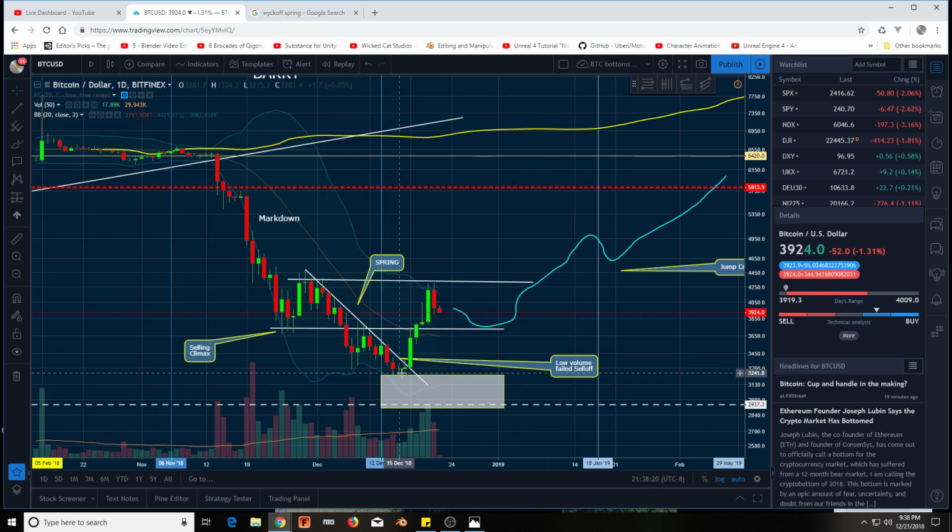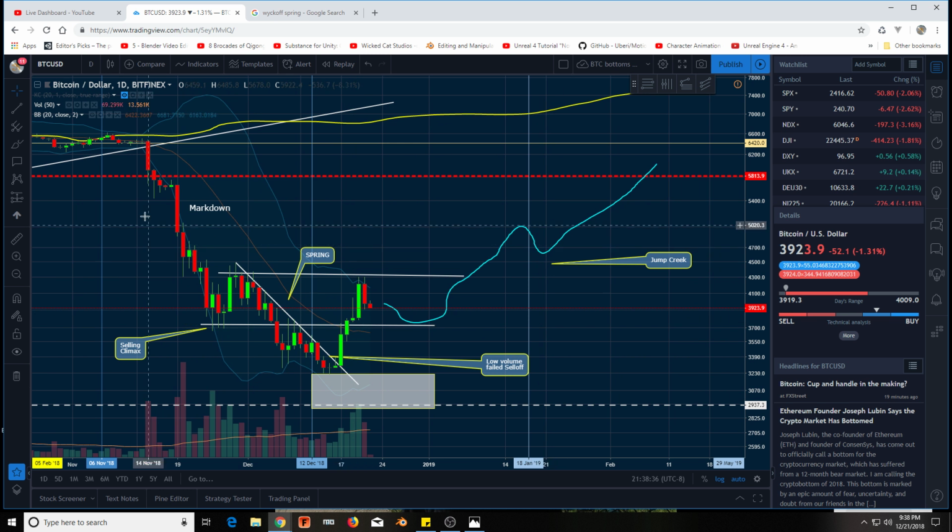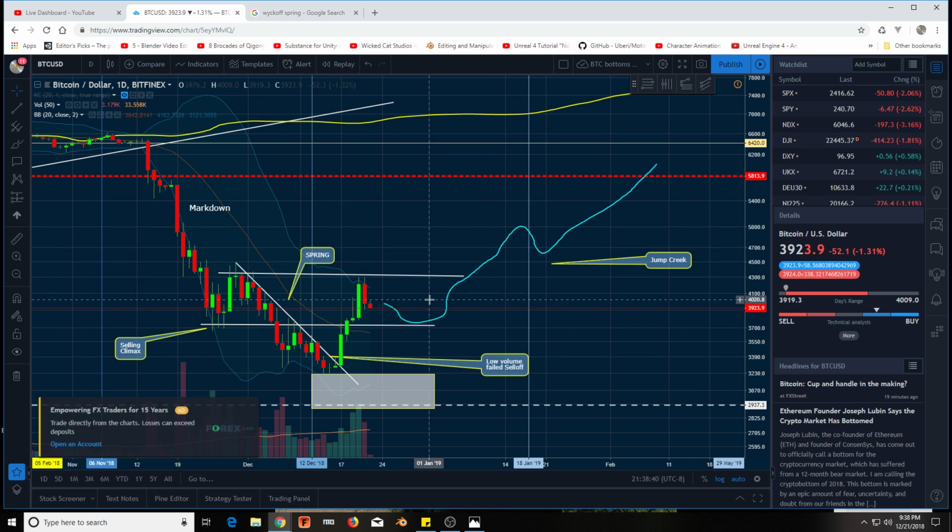Anyway, looking here, what's really cool, let me zoom in here. Oh, sorry, let me go back to how it can go here. So right now we're up to here, and I drew this blue line, okay? And that could be like the average way that this pattern goes. And then you have really strange terminology in Wyckoff. You have like jump the creek.